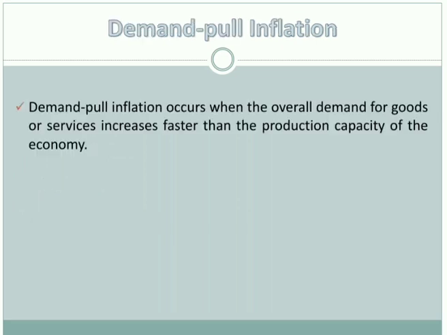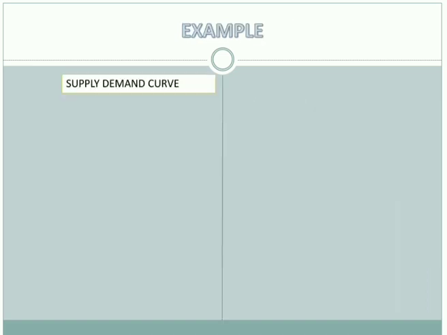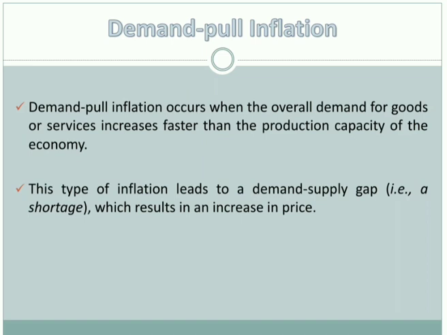Demand pull inflation occurs when the overall demand for goods or services increases faster than the production capacity of the economy. This type of inflation leads to a demand supply gap, that is a shortage, which results in an increase in the price. We have all seen sanitizer, a 50 ml bottle costing 30 rupees.